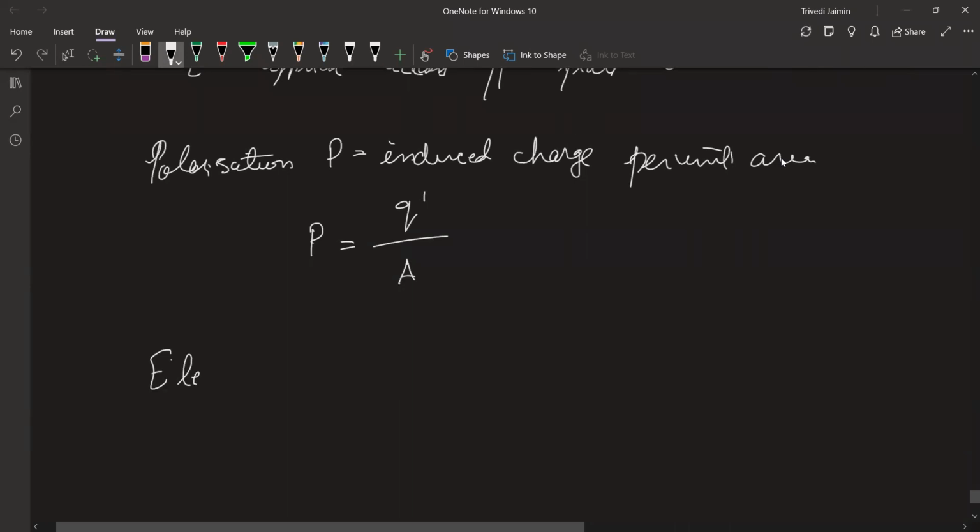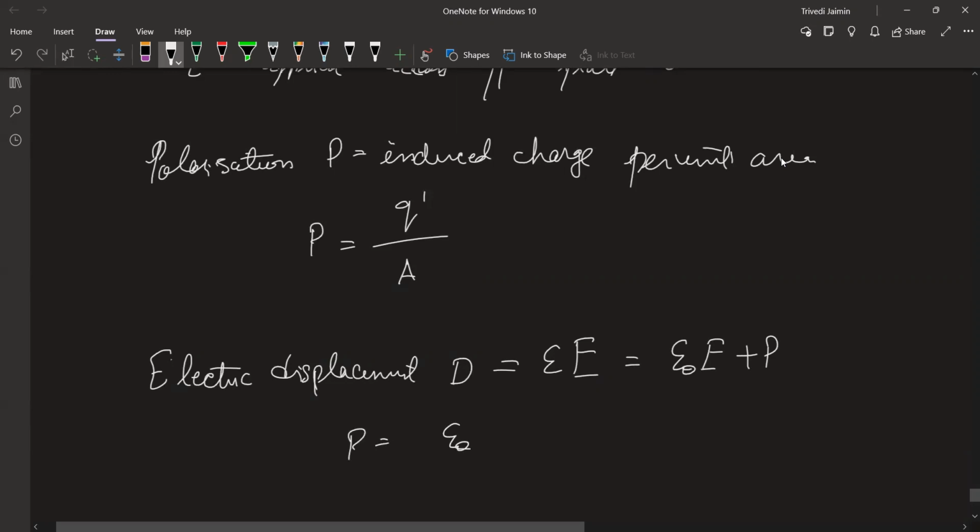Electric displacement D equals epsilon naught E plus P. Now P equals epsilon minus epsilon naught into E, which equals K times epsilon naught, so epsilon naught (K minus 1) in short.